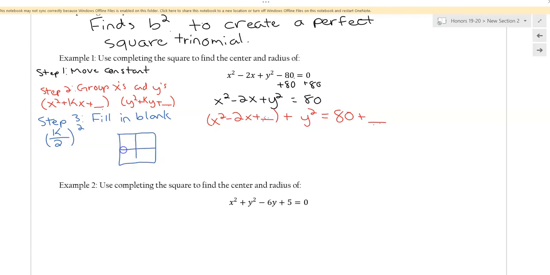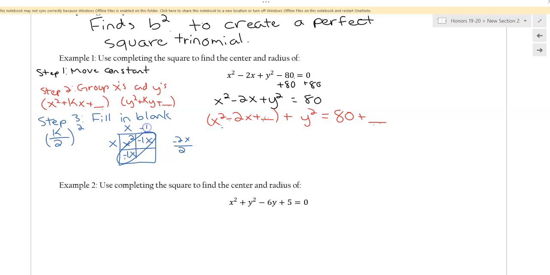We create this box. And then for this example, I have x squared, which is x times x, and negative 2x needs to go in these two boxes. So that's this divided by 2 step.